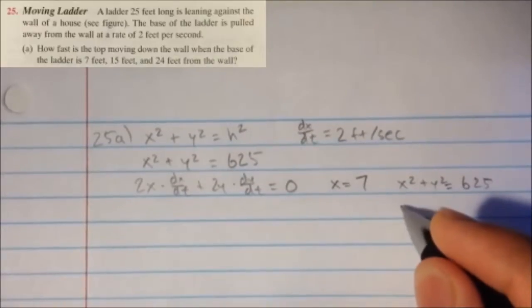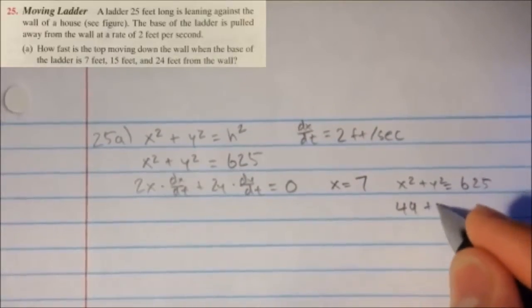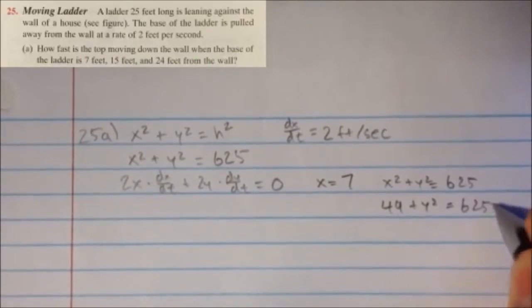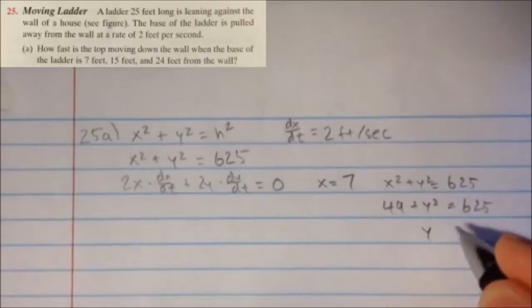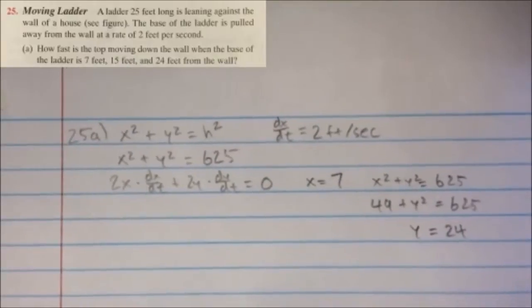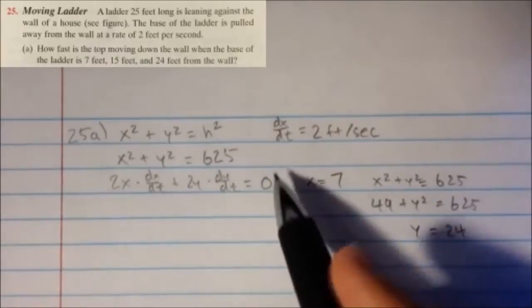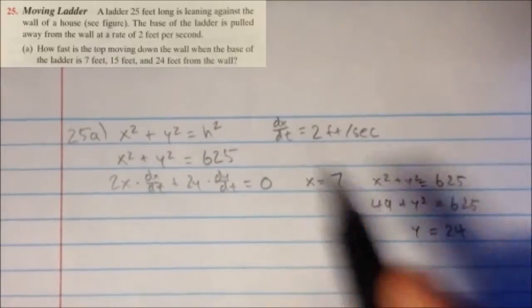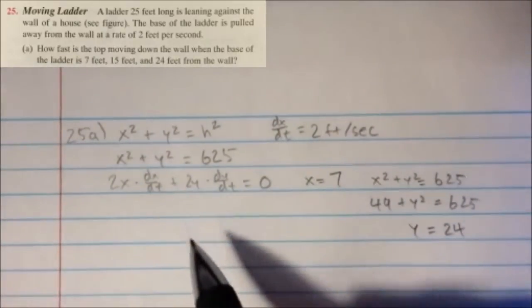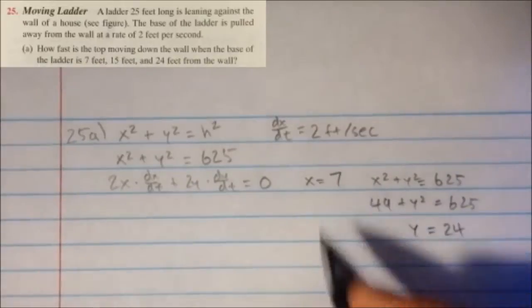So x squared is 49, plus y squared equals 625, and so y will equal 24 using basic algebra. Now, we have the derivative of x with respect to t, we have the value of y, and we know the value of x, which is 7.